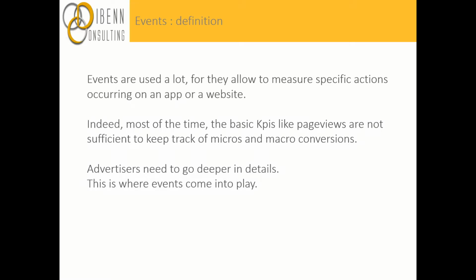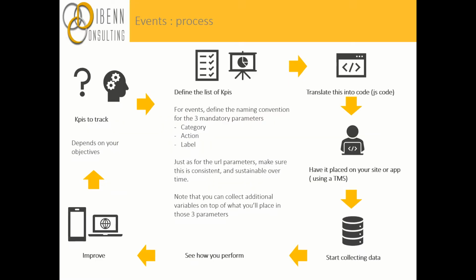Now let's look at the process it requires. First of all, advertisers have to think carefully about what they would like to track in terms of KPIs. And as we saw in lessons 1 and 2, it really depends on their activities.